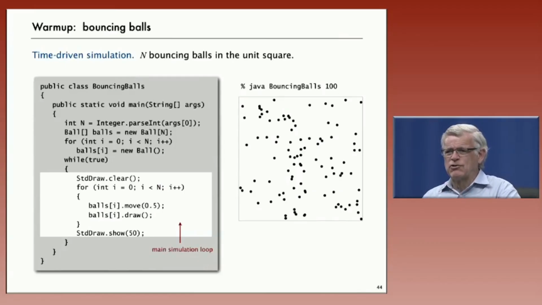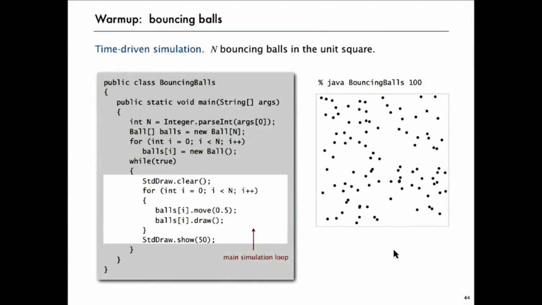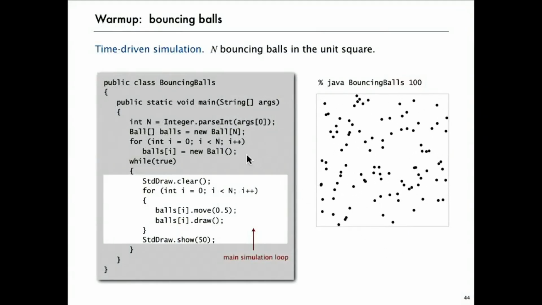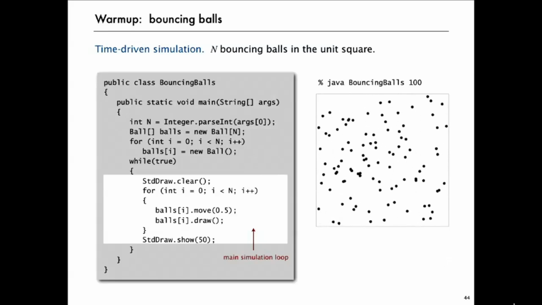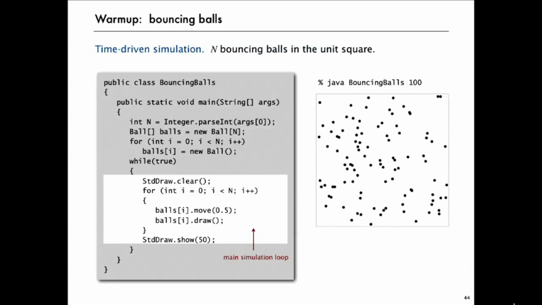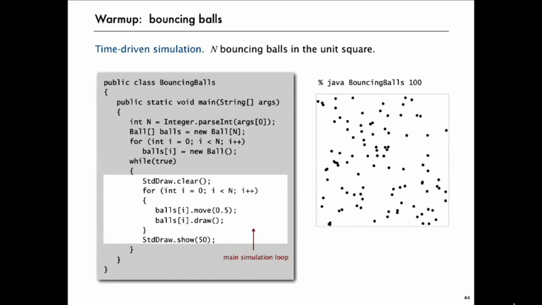As a warm-up, here's the code to implement bouncing balls without the collisions. This is an elementary programming exercise: the code at the left has the effect shown at the right. We have a data type called Ball that represents just one of the particles, with instance variables for the position and the velocity.